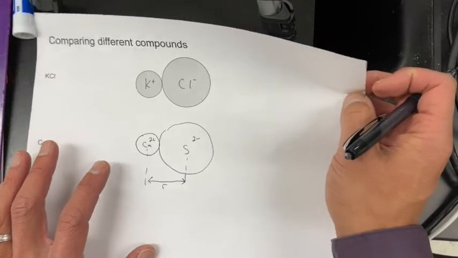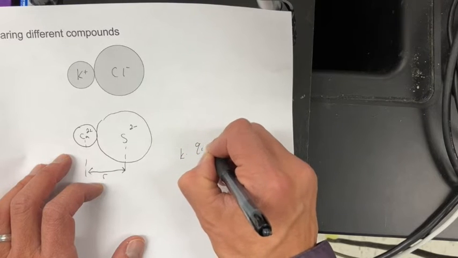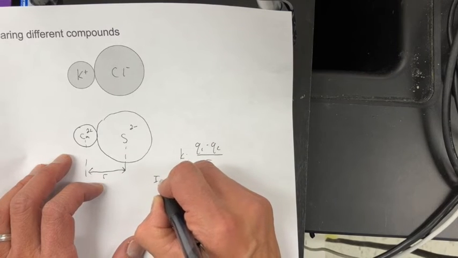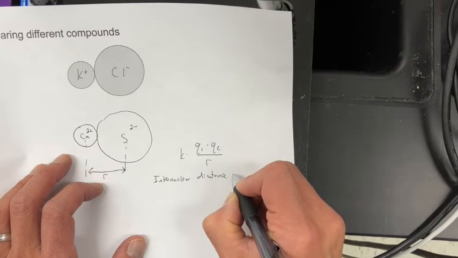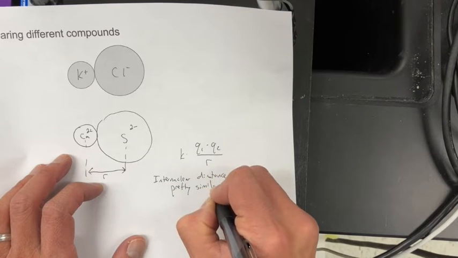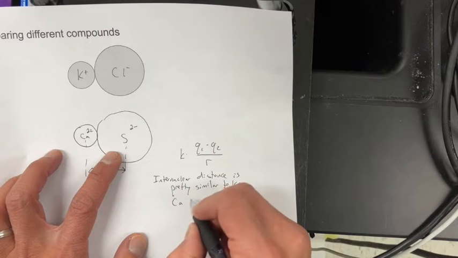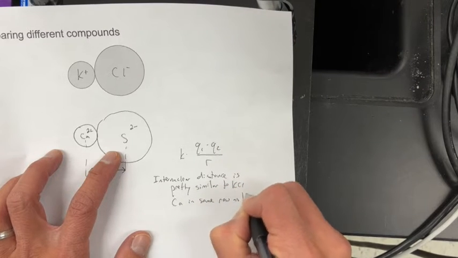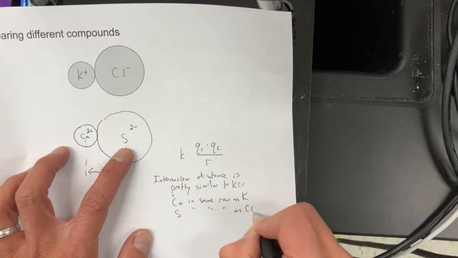If I look at my equation, the strength is K times Q1 times Q2 all over R. The internuclear distance is pretty similar to KCl, because Ca is in the same row as K, and S is in the same row as Cl.